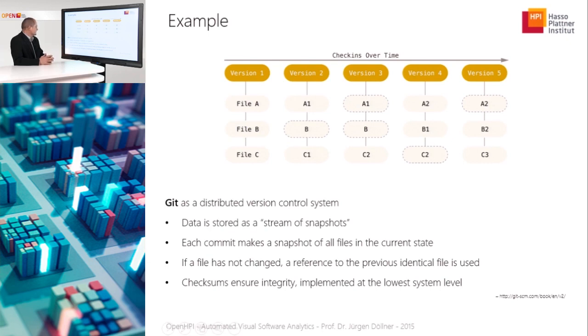And of course, if a file has not changed, only a reference to the previous identical file is used. And to ensure integrity, it operates on checksums at the lowest system level. So this is a very common and popular system that is used for version control.